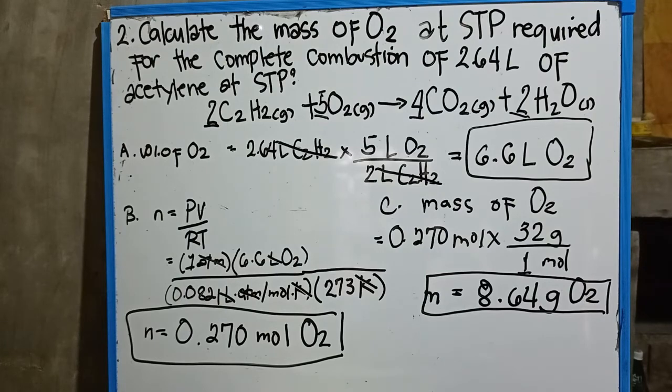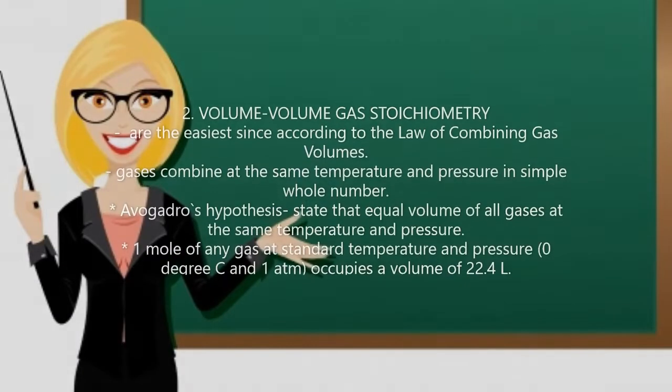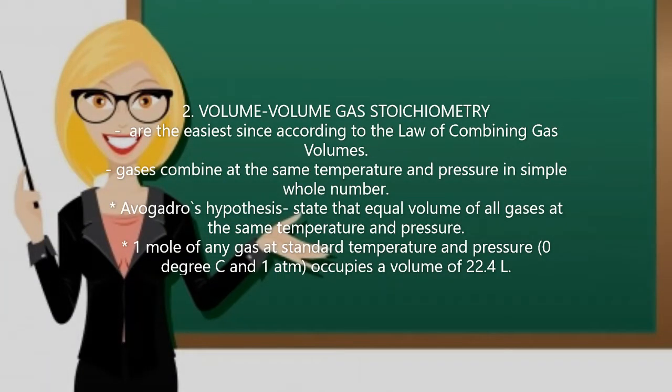Which means we are using STP, wherein 1 mole of any gas at STP is equivalent to 0 degrees and 1 atm, occupies a volume of 22.4 liter, which means na kapag it is STP or standard temperature and pressure, our volume is always 22.4 liter.